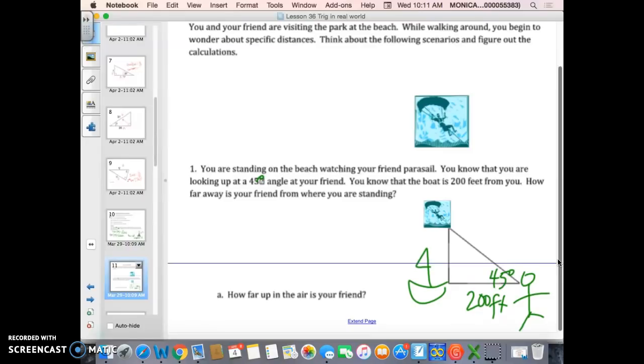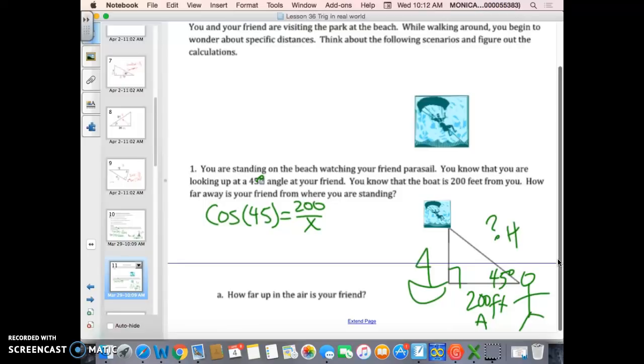Well, this time you're looking at the shortest distance to your friend. So this is the hypotenuse. So this is the adjacent, and this is the hypotenuse. So we're talking cosine for this problem. You're looking at the cosine of 45 is going to equal 200 over x.